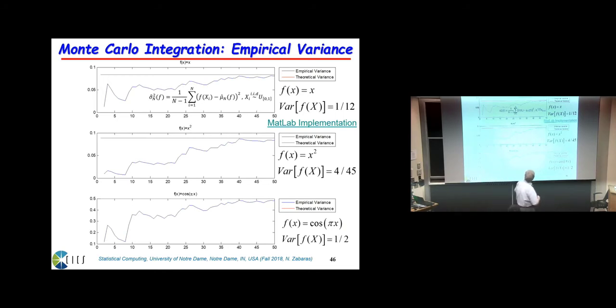Okay, so here I'm computing the variance actually, so I'm computing the error bars in this estimator, and the lines that you see are the exact variance, and this is how the sample variance basically converges to the exact value.